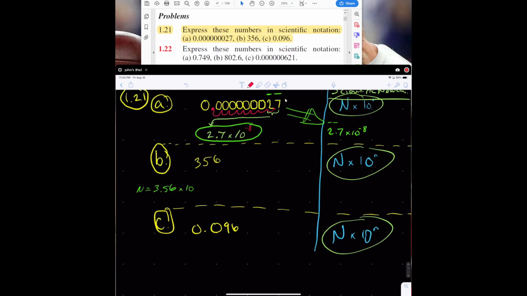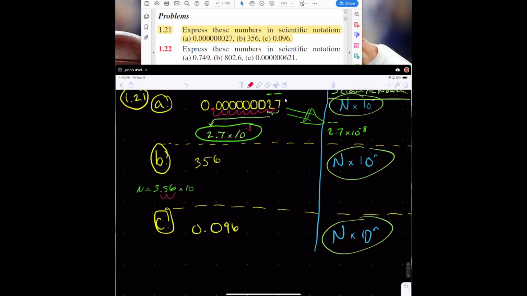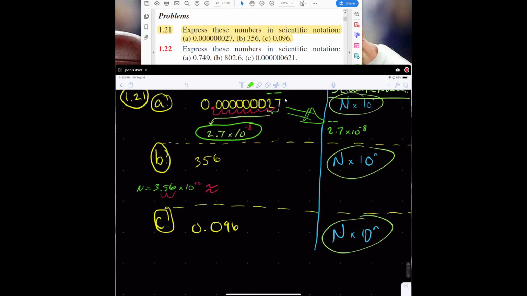Right? And then it resembles this number here. So what that means is we're going to call this 3.56 times 10 to the positive 2. But we don't have to write the positive sign. We're just going to say 3.56 times 10 to the 2 power. Okay? And that's how we do it.